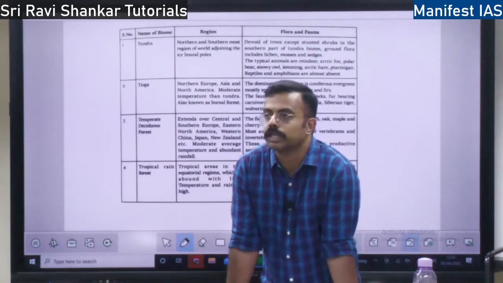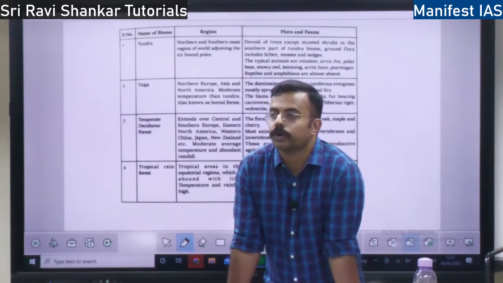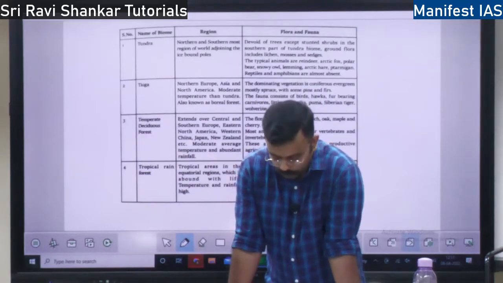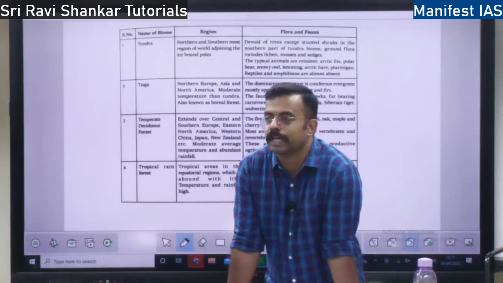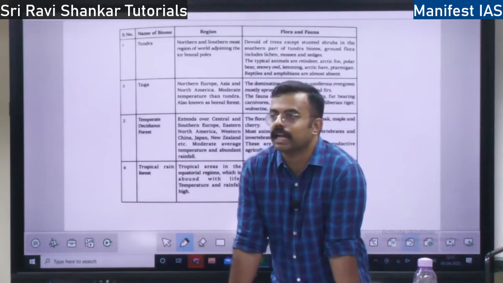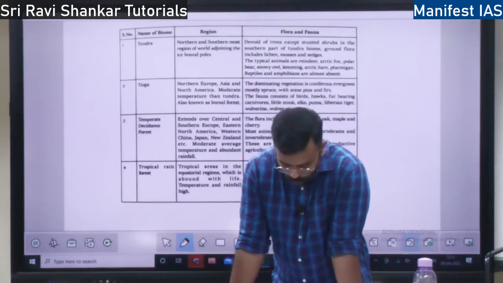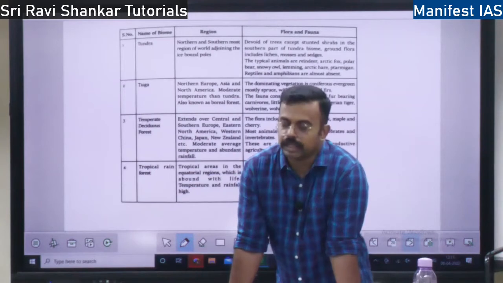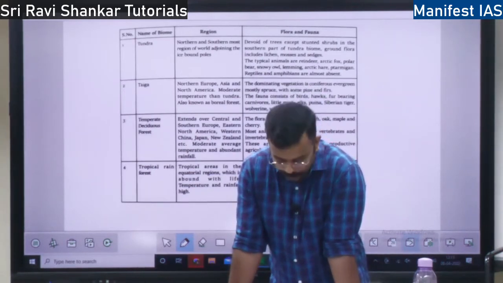What are primary producers? Those which produce their own food. What are they called? Autotrophs, which produce their own food. So they are self-nourishing, and they produce their own energy. So what are they? They are green plants.